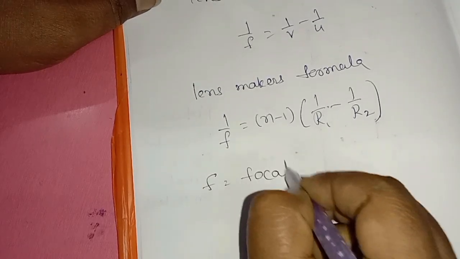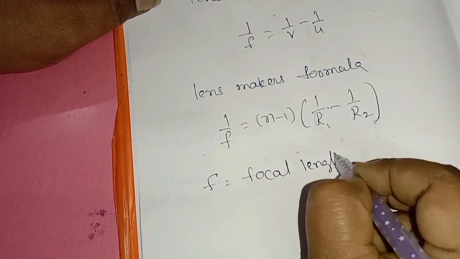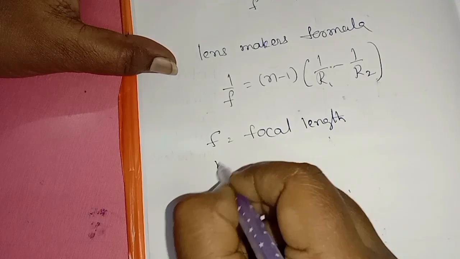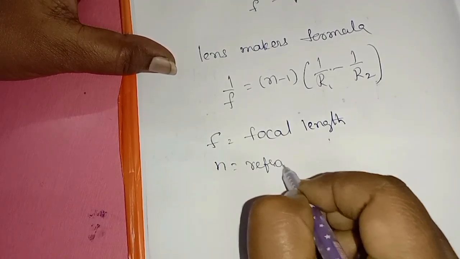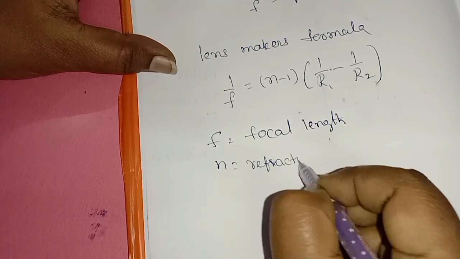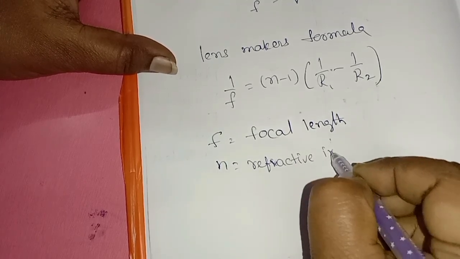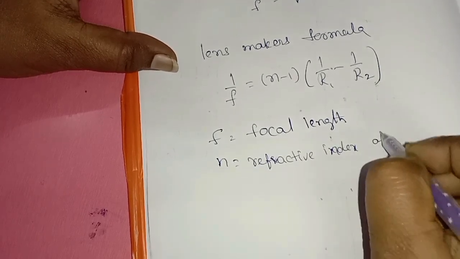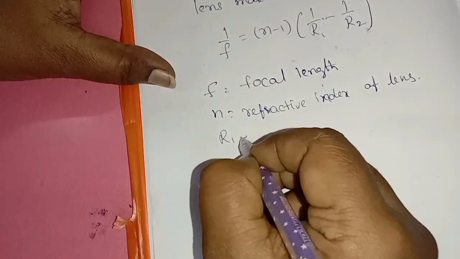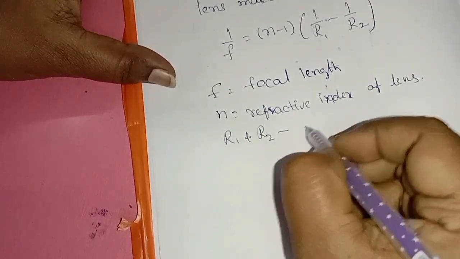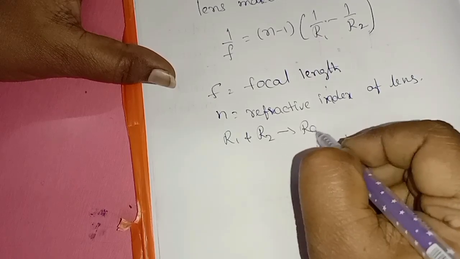Focal length. And n is the refractive index of the lens. Next, r1 and r2 are the radii of curvature.